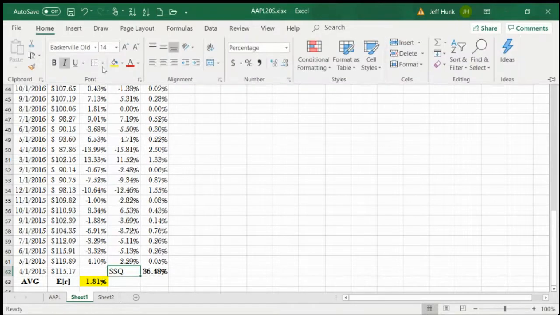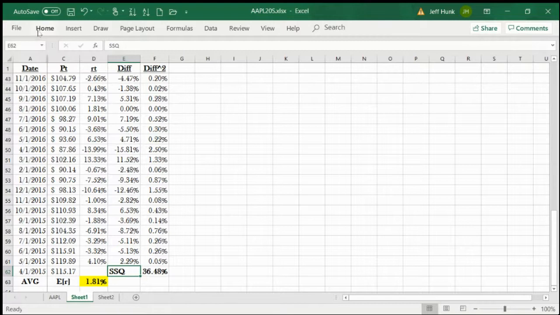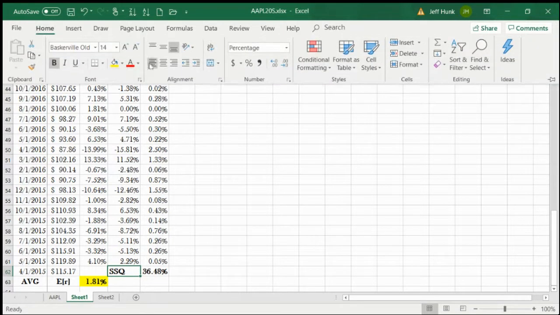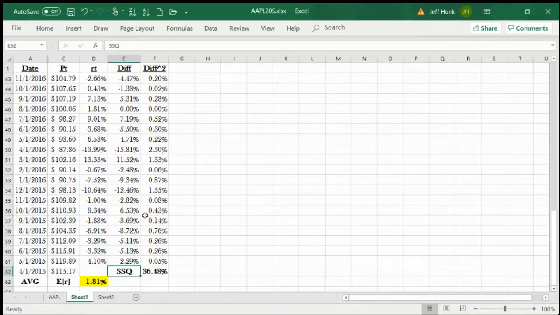Some of you may ask, Professor, what is SSQ? SSQ sounds very cool, doesn't it? It's like a special task force, a special squadron. It's a cool name, right? But what do you think SSQ is? What did we do?